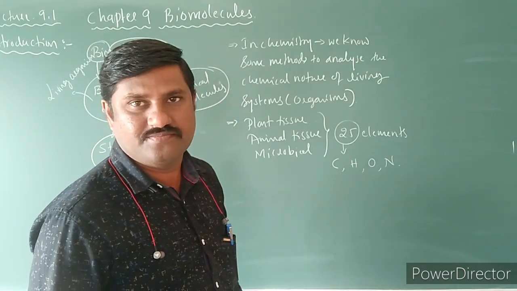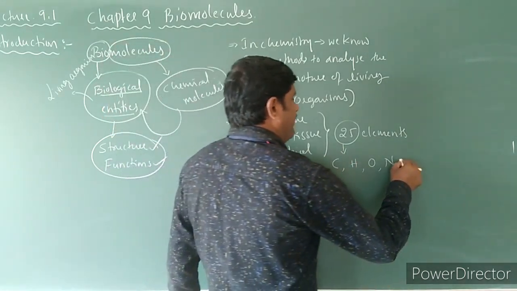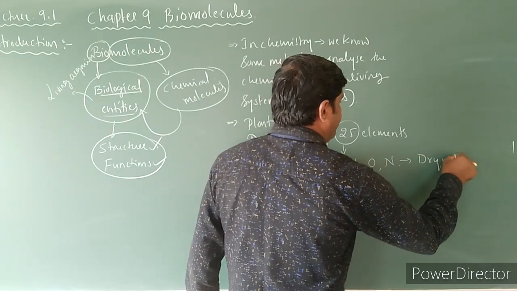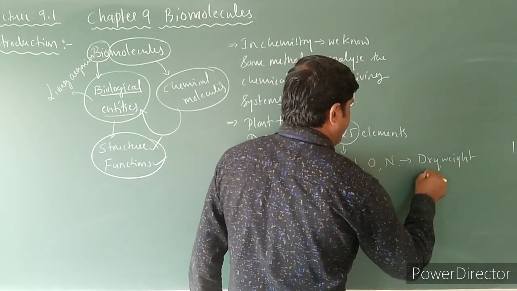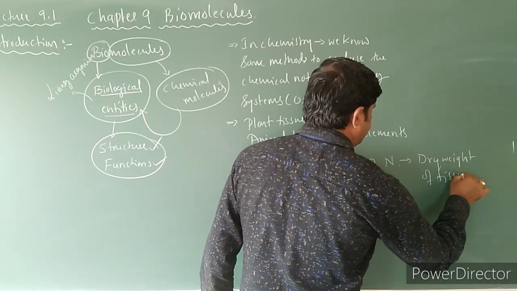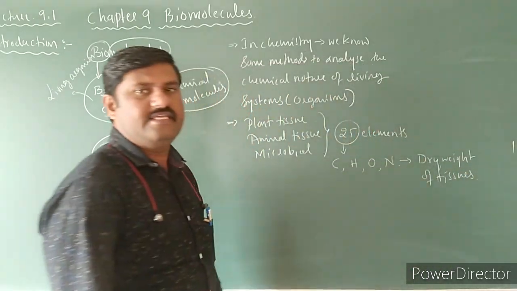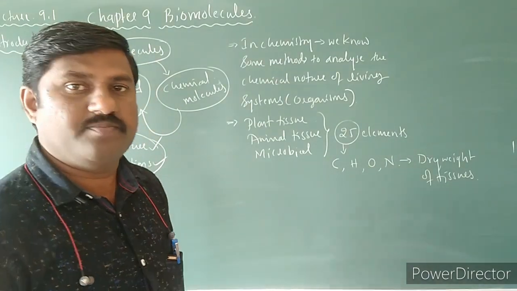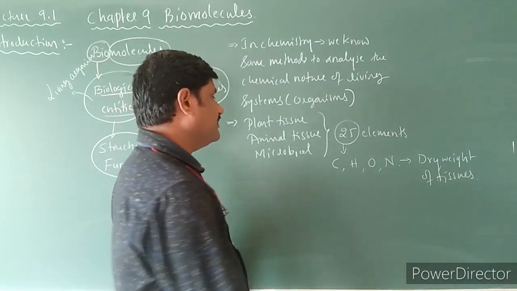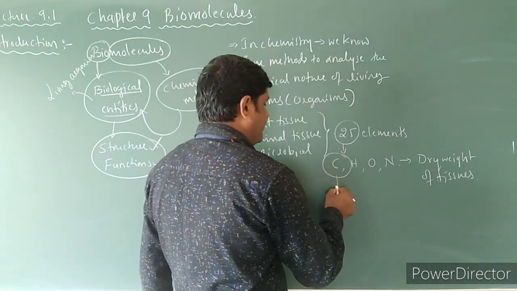These are major ones. These make the maximum part of the dry weight of the tissues. Among them, carbon is the major one.